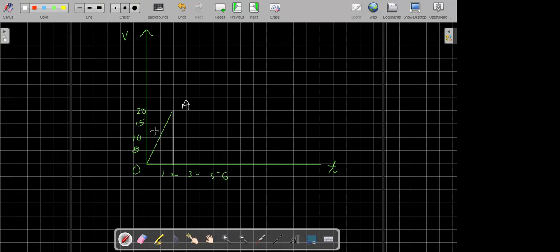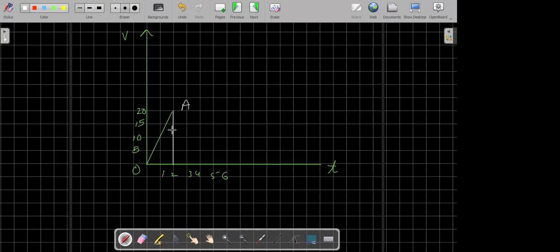Mohammad Rayan. Yes, sir. Rayan, what quantity will I get if I find out the area under the graph? Okay, so what will be the area under this graph OA? It will be the distance.